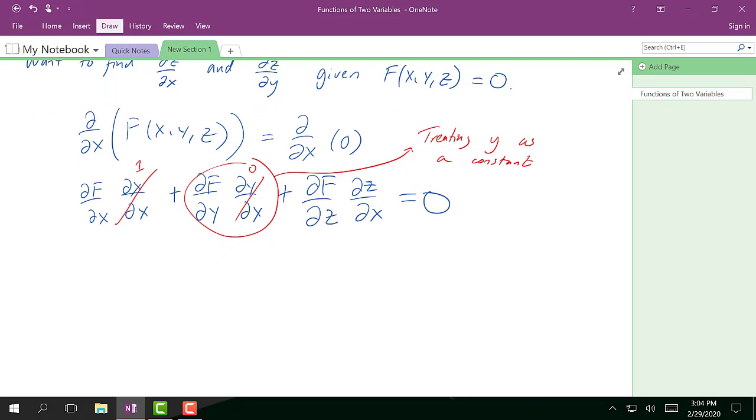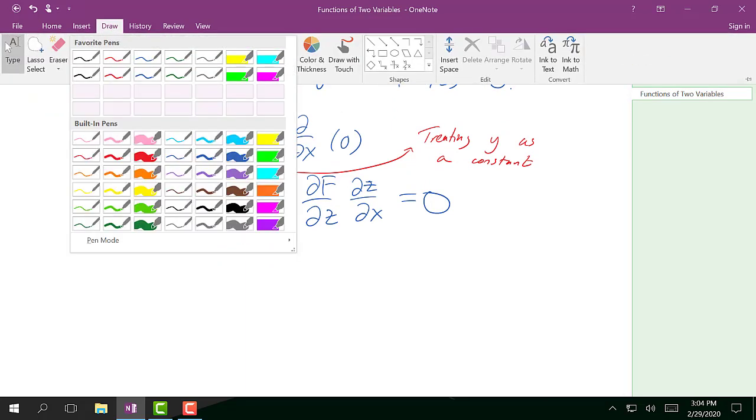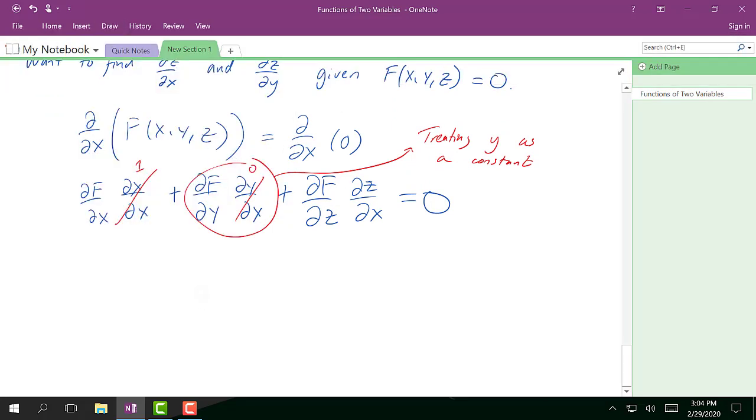And so what we're left with at the very end is F sub x plus F sub z times the partial derivative of z with respect to x equals 0. This will imply that the partial derivative of z with respect to x is equal to negative capital F sub x over capital F sub z.